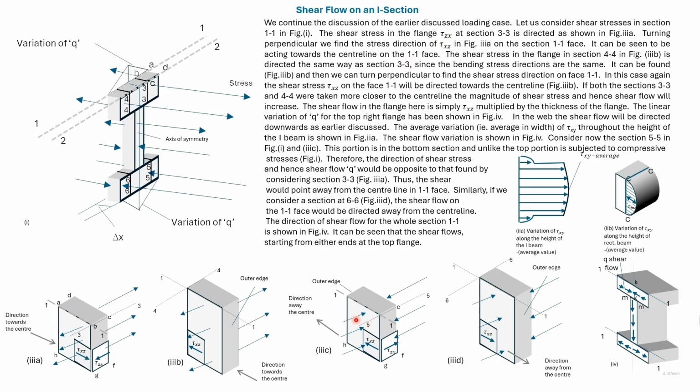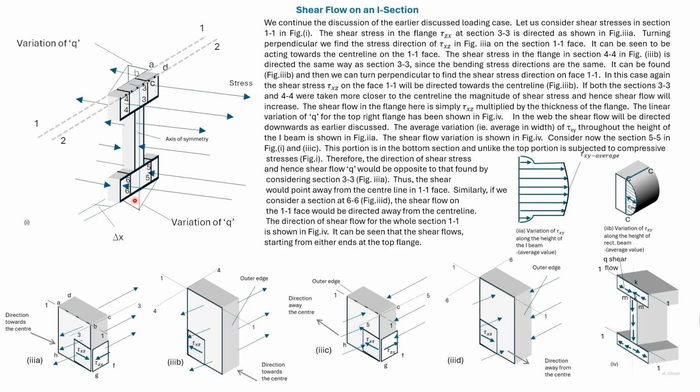In the lower flange, stresses would be compressive and the stresses on the right again will be larger than the stresses on the left. So tau zx on section 5-5 will be directed as shown. Then tau xz on the face of section 1-1 is directed away from the center.